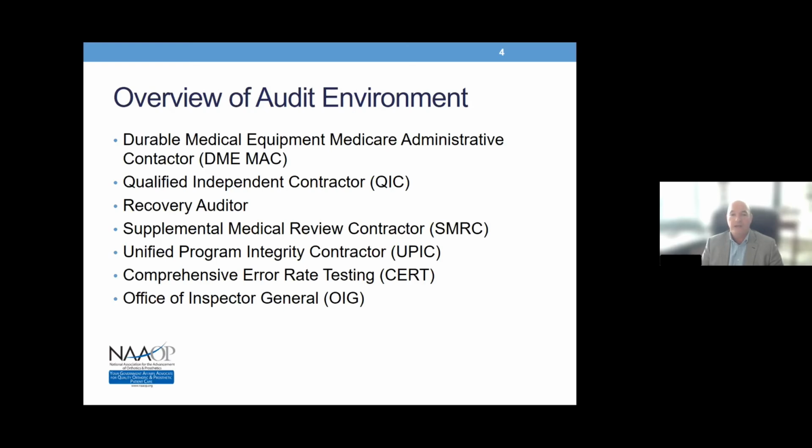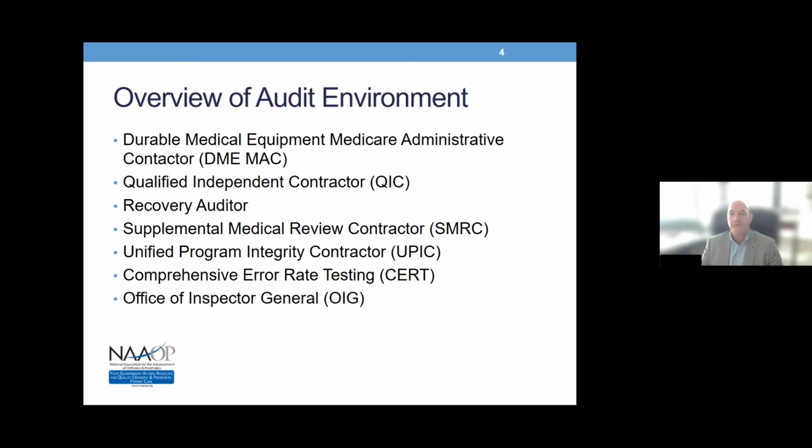The Unified Program Integrity Contractors, or the UPICs, are additional contractors that principally focus on fraudulent and abusive activities. So where there's a referral from a MAC, where the Department of Justice or the Office of Inspector General will signal that there's an uptick in claims for this provider or these provider groups, typically the Unified Program Integrity Contractors will look at those claims.